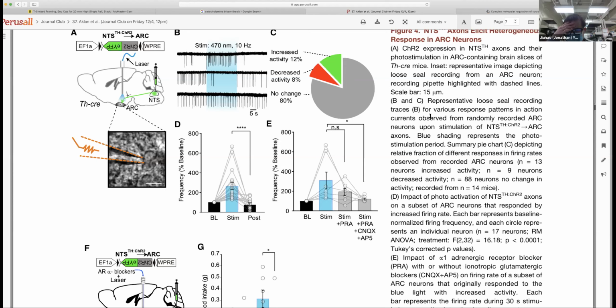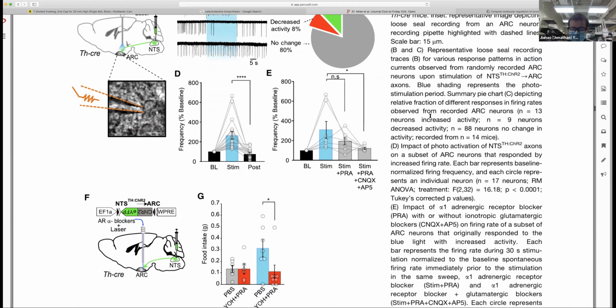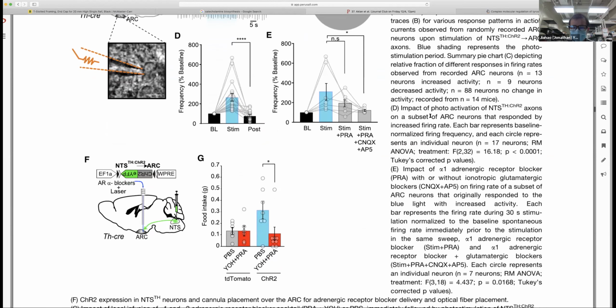And it seems that this increase of frequency doesn't come from the adrenergic receptor, but it does relate to glutamatergic transmission.